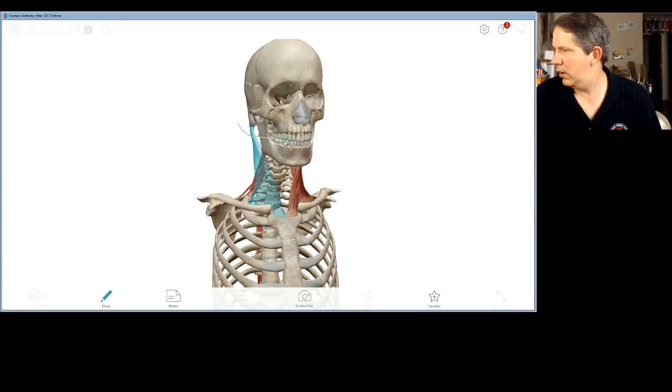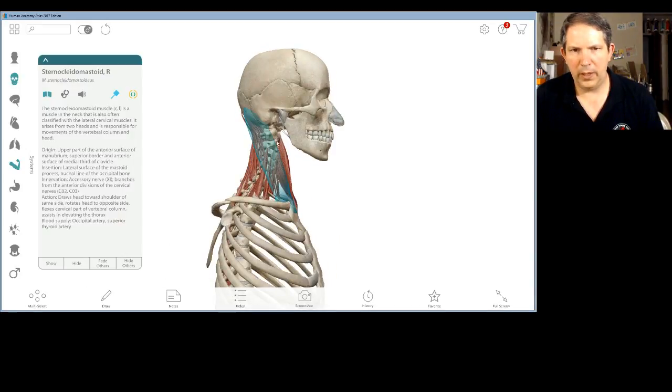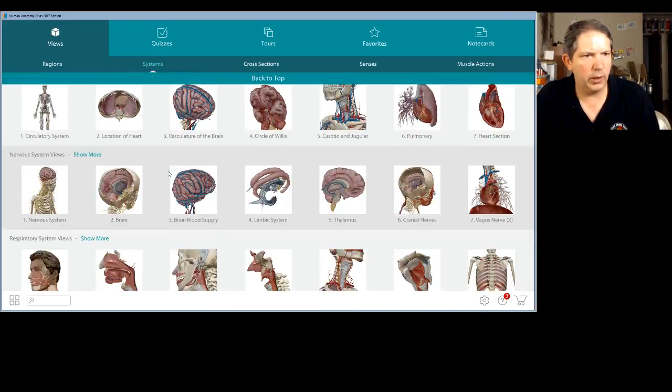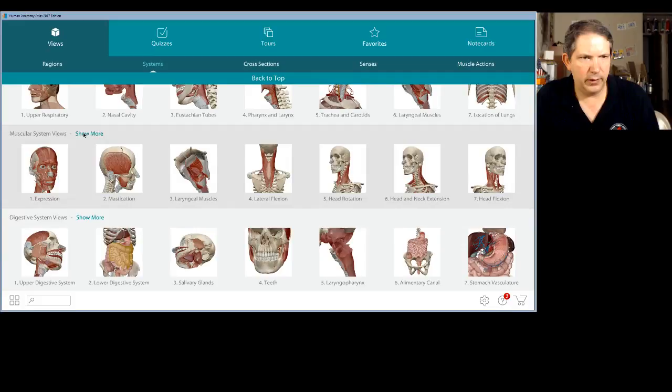It's going to turn the head. So the right sternocleidomastoid turns the head left. The left sternocleidomastoid turns the head right. Okay, back. Wish there was a quicker way to jump back to this.